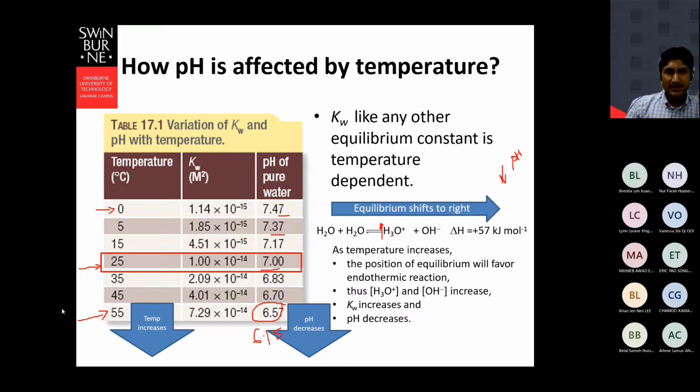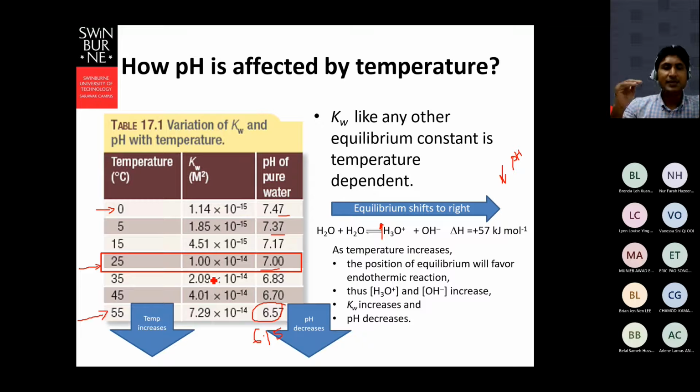But this pH at this temperature is neutral, because if the water has this pH, then it will have an equal amount of hydronium ion and hydroxide ion.